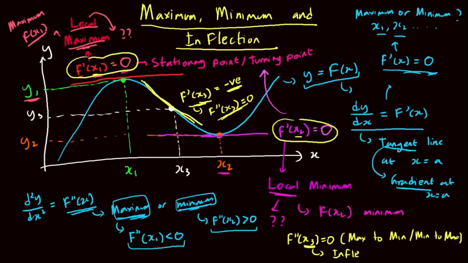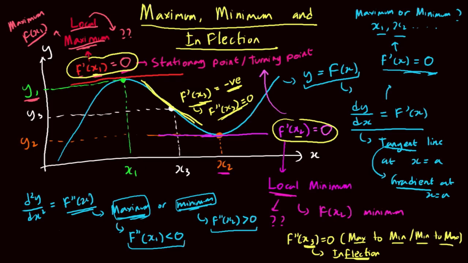Basically the inflection point doesn't serve as much, I would say, as maximum and minimum do in optimization problems. It's just a point where we know the graph changes from maximum to minimum or minimum to maximum.